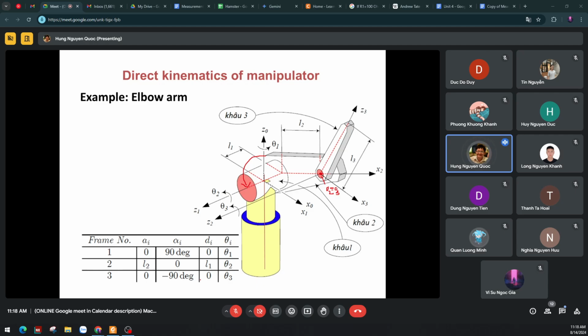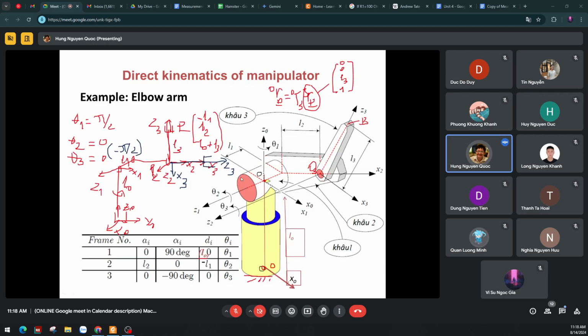If you want to find T from 0 to 3, then it is easy to do. In this case, I want to check some solution.